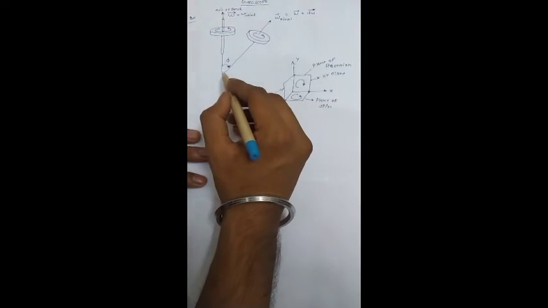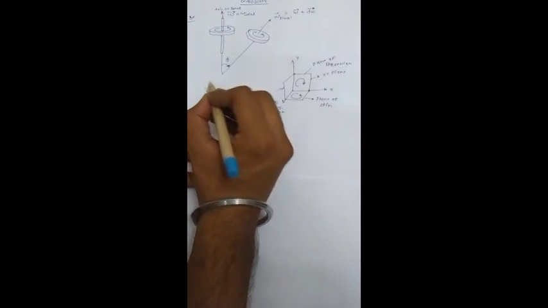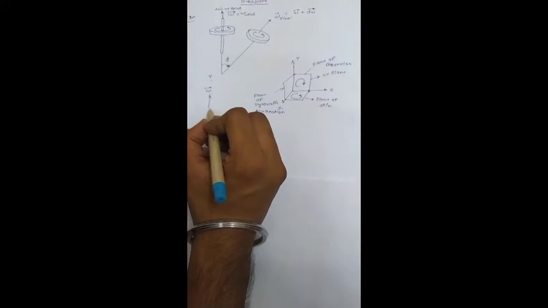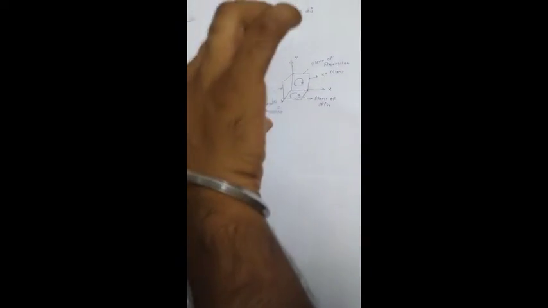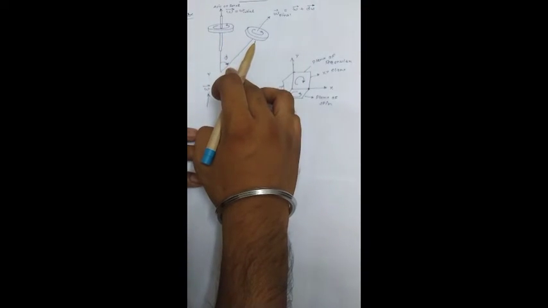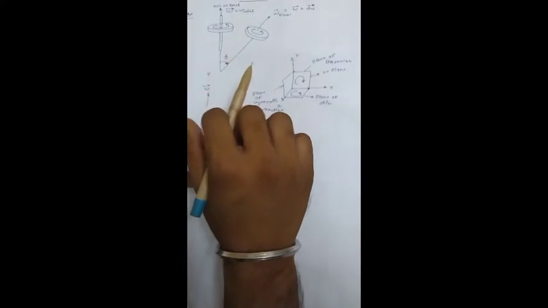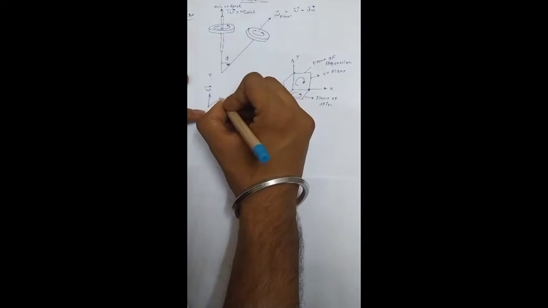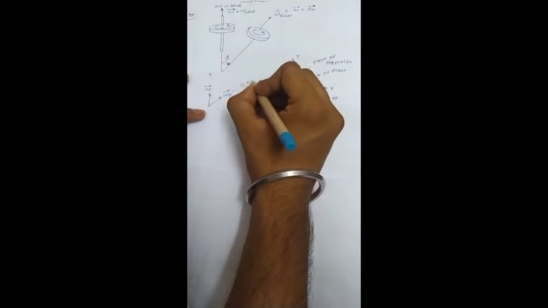So I will tell you a trick. This is the direction of the omega vector, and this we can say is the y-axis. This is the rotation of the precessional motion. So the omega p vector will be inside the paper, in the negative z direction.